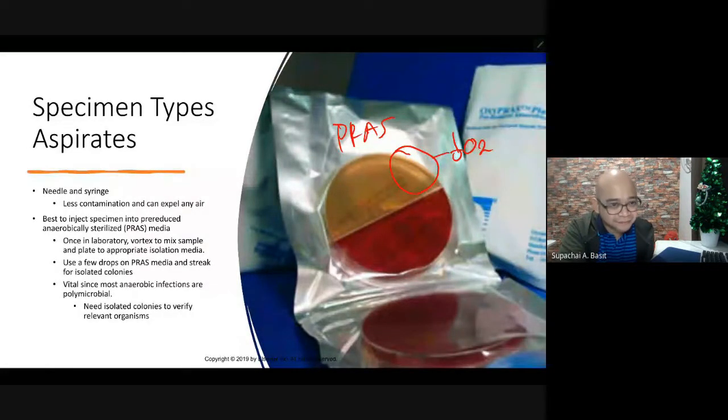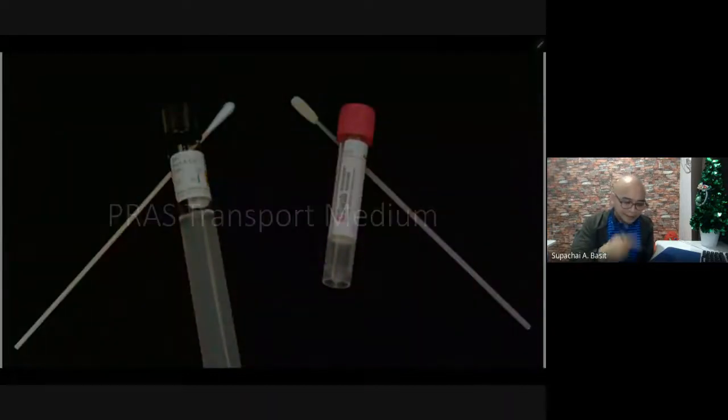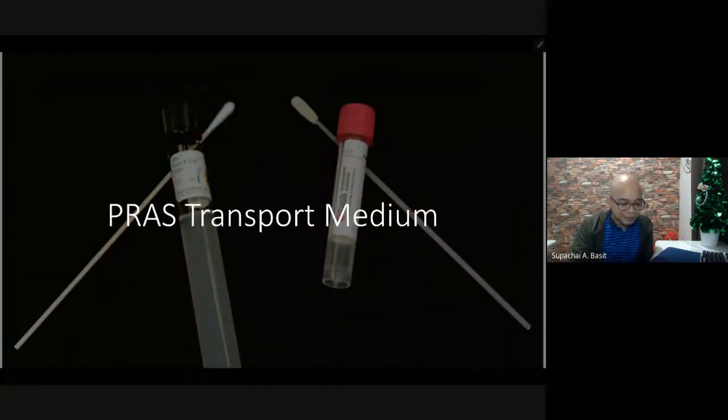Okay? And then a few drops of PRAS media and streak for isolated colonies. And this is the PRAS transport medium. So for example, nag-collect kayo and medyo malayo pa yung laboratory or you have to send it to the laboratory, then we need to use this one also, PRAS transport medium.